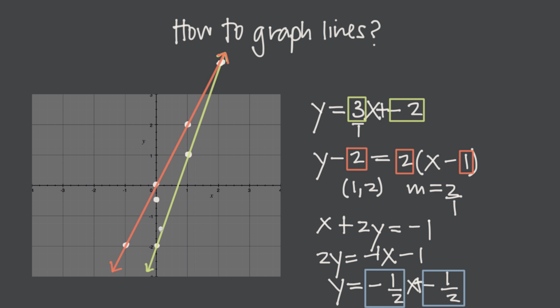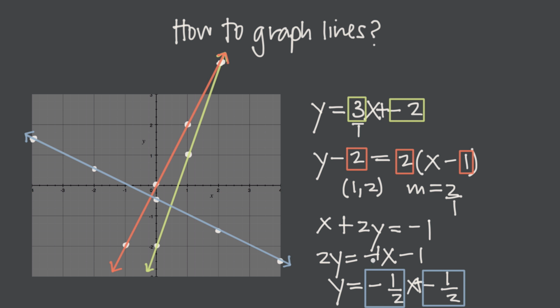So we'll go down 1 and over 2 and find another coordinate point here. Or we could reverse both of those and go in the opposite direction. Go up 1 and over to the left 2, up 1 and over to the left 2. So that then is the graph of our third line.